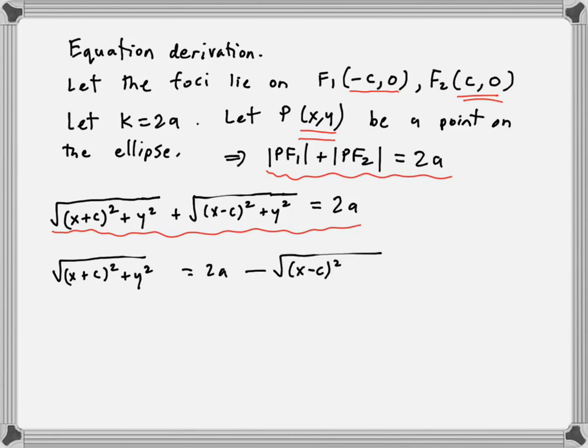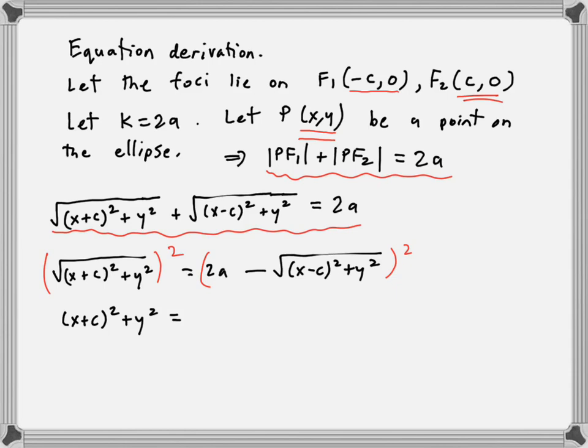And so I'm going to start to do the work now that leads me to get rid of the square root. So first, I'm going to square both sides of this. I end up with (x plus c) squared. Let me write this, and then on the next step, I'll actually expand that. So squaring that guy only gets rid of the radical.